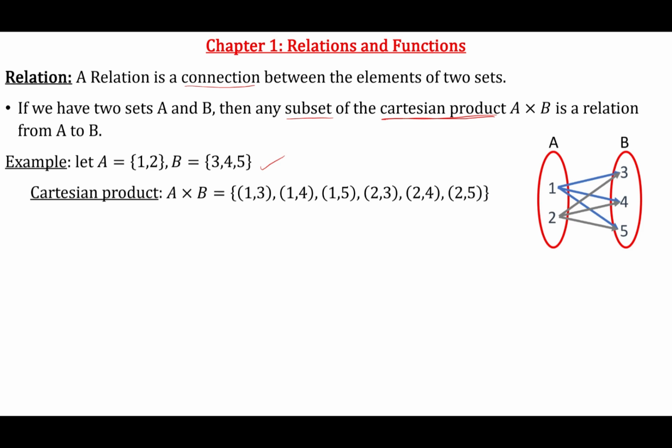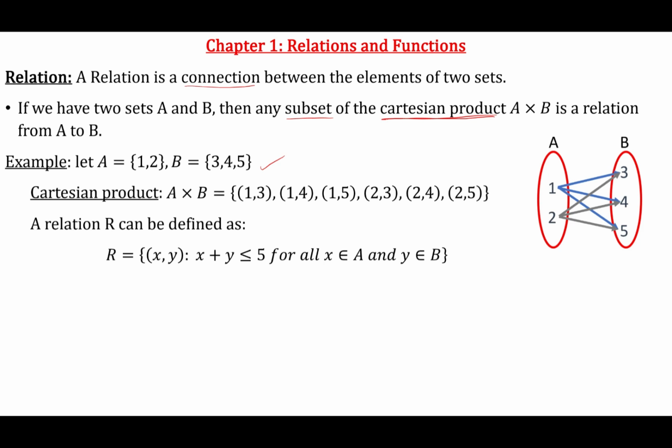Now, let us define a relation in set builder form: R equals (x, y) such that x plus y must be less than or equal to 5, for all x belonging to A and y belonging to B. From the Cartesian product, the condition says x plus y must be less than or equal to 5.